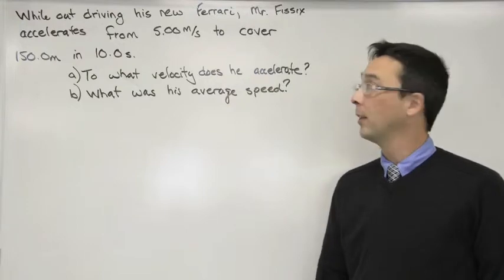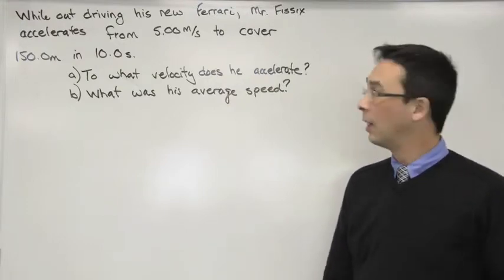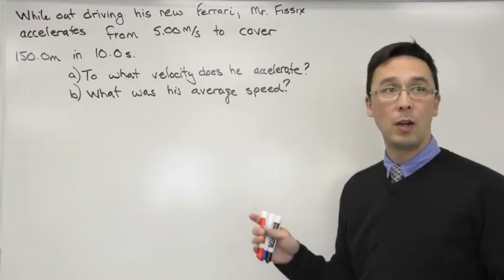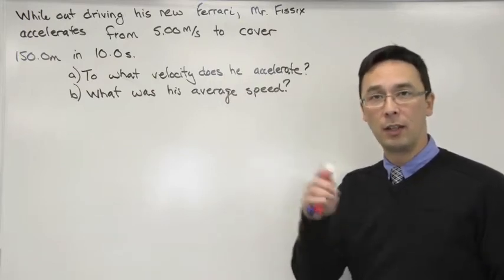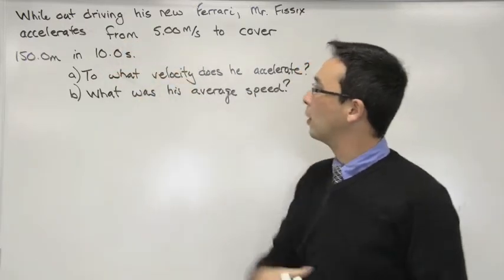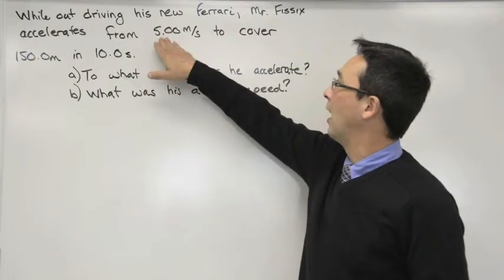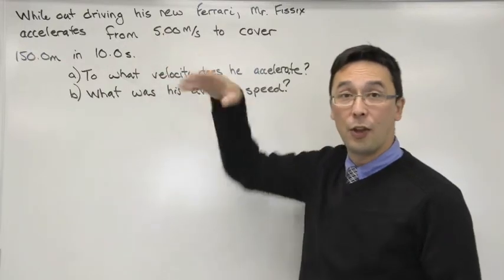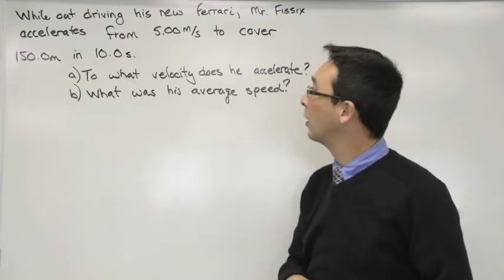All right, here's a typical question that involves accelerated motion. There's a few clues in the question that indicate that it is in fact an accelerated motion question. First one is right here, from 5 meters per second. That indicates that it starts at 5 meters per second, and that there's going to be some change in the speed, which indicates an acceleration.